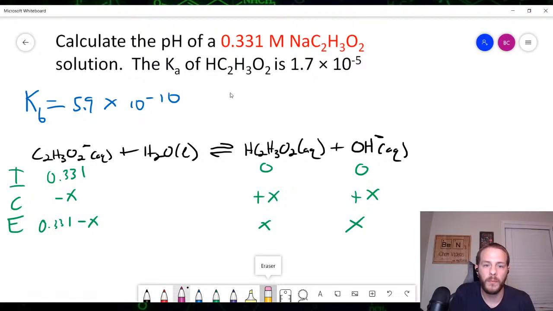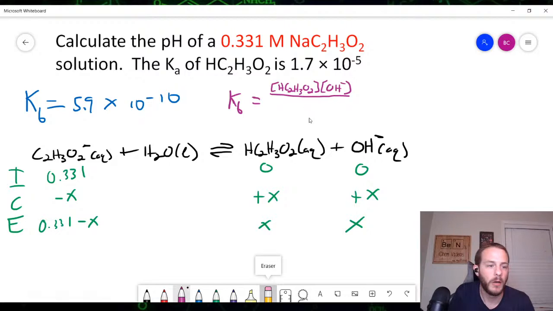So we know that Kb, the expression for that, is going to be the concentration of acetic acid, HC2H3O2, times OH minus. This is just the equilibrium constant expression for Kb.